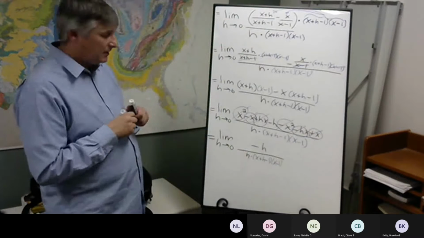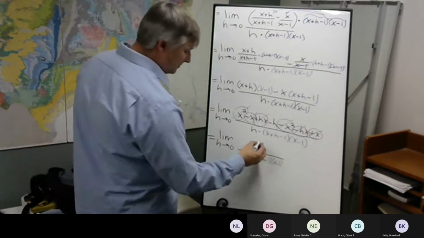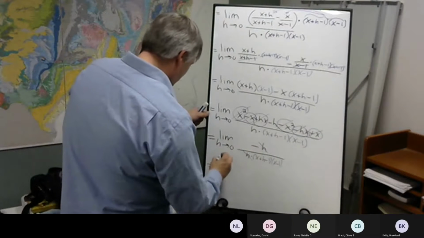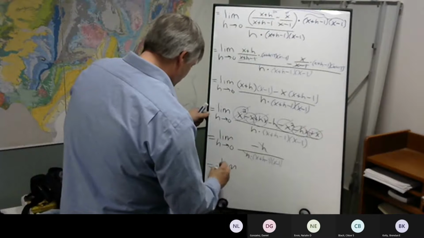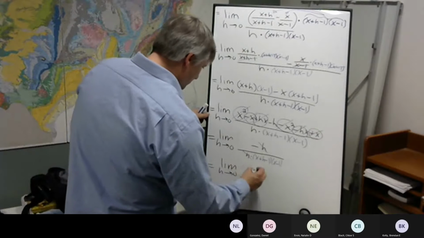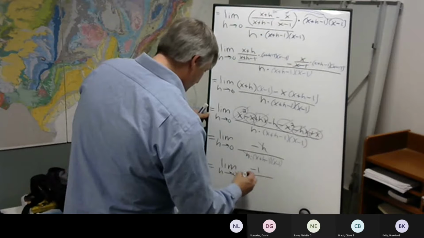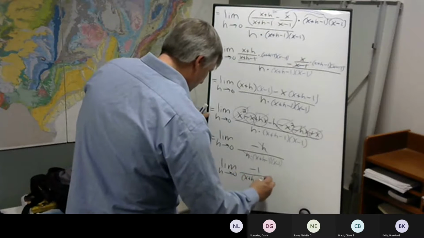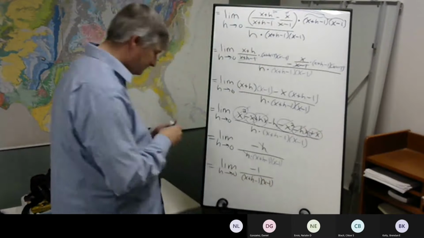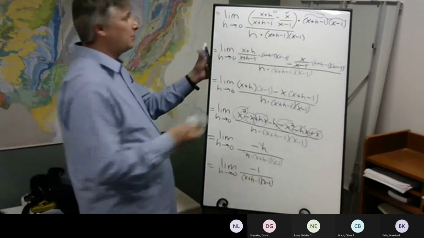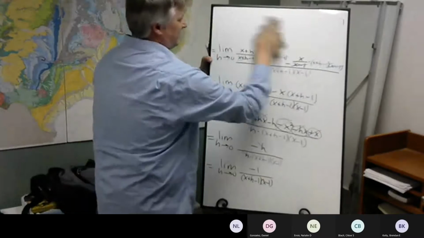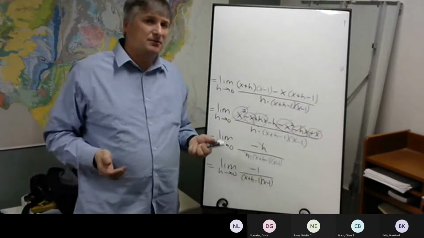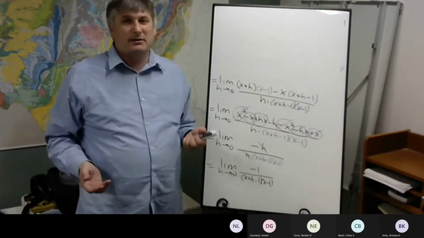And so what we can do here, we're going to cancel these h's. That's going to give us negative 1 over x plus h minus 1, x minus 1. Now at this point, if we allow h to be, for all intents and purposes, 0, we're not going to have to worry about a division by 0.